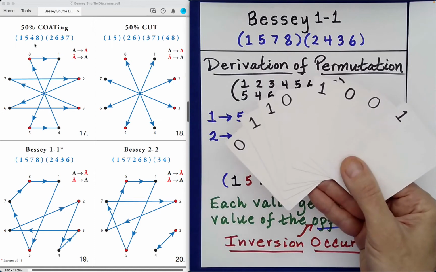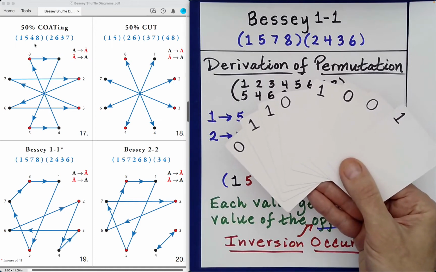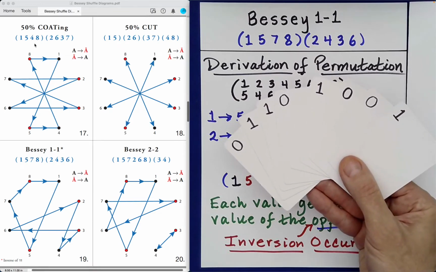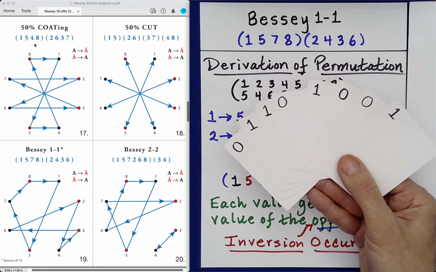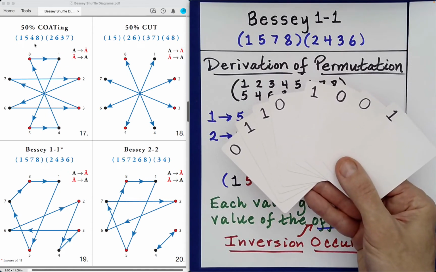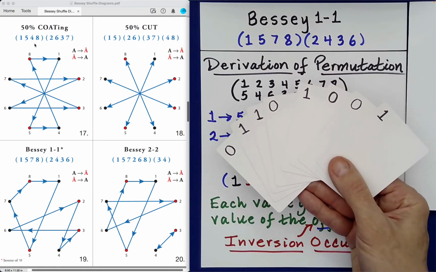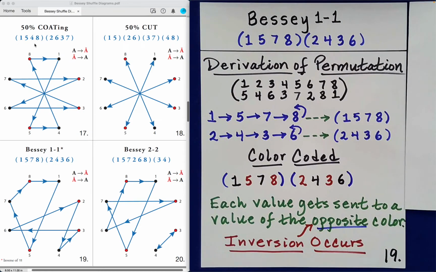So all of the cards that were originally in the positions marked by 1s are now in the positions originally marked by 0s. In other words, the cards originally in positions 1, 4, 6, 7 have now been moved to positions 2, 3, 5, 8 according to the assignments described here in our permutation notation.